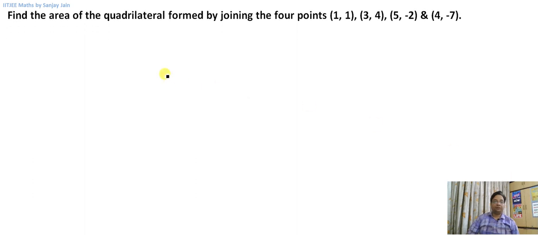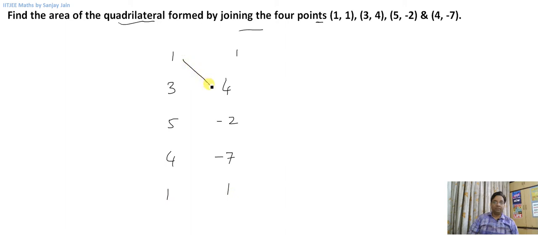Now find the area of quadrilateral formed by joining these 4 points. So we know how to find the area of quadrilateral. We will write the points in this fashion: (1, 1), (3, 4), (5, minus 2), (4, minus 7), and then we will write (1, 1) once again.